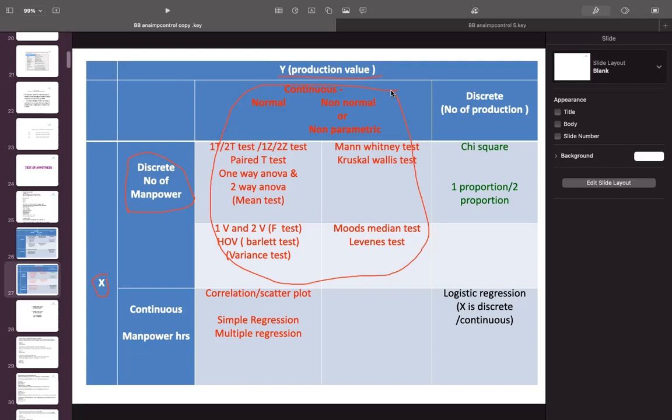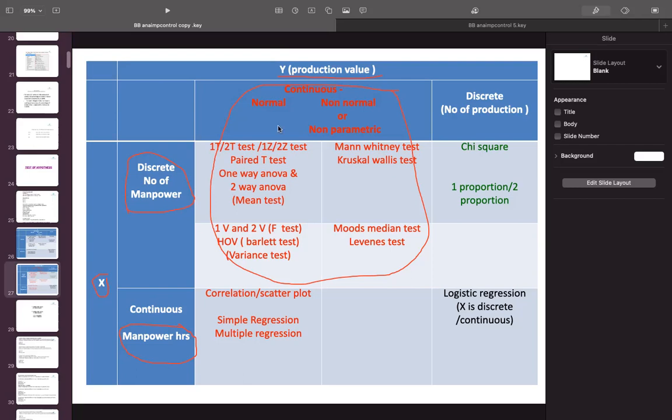Now if your Y is continuous and X is also continuous, see my X here is manpower hours. Can you see the difference? In the previous combination, the X is number of manpower. If the data you're collecting is number of manpower, then that is discrete, and for that combination we did all these tests.